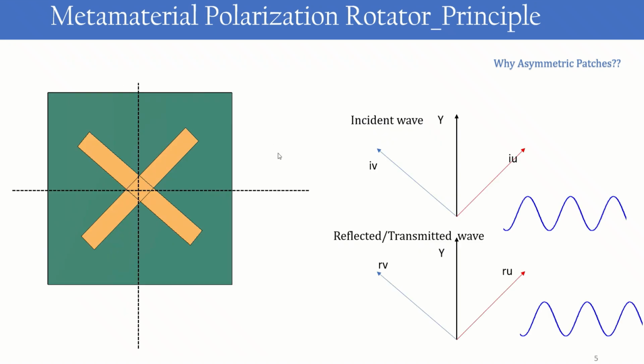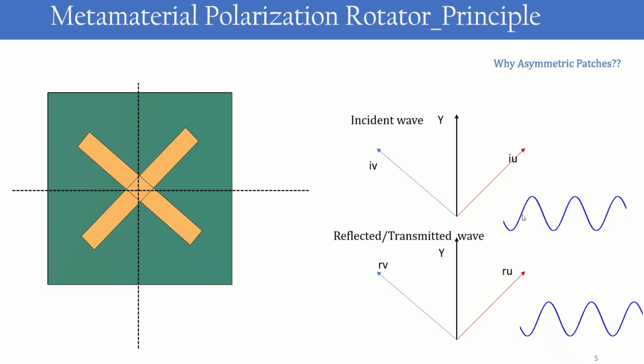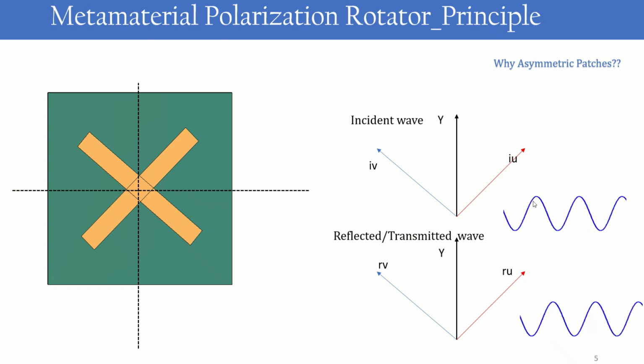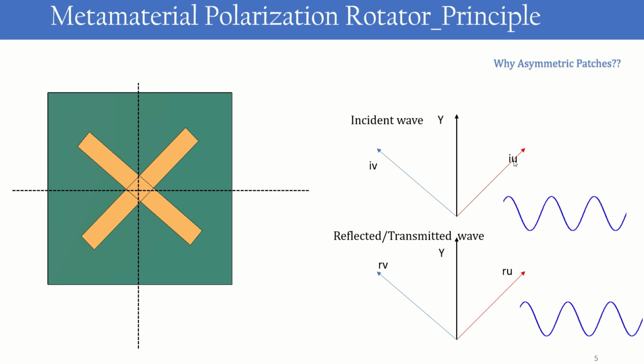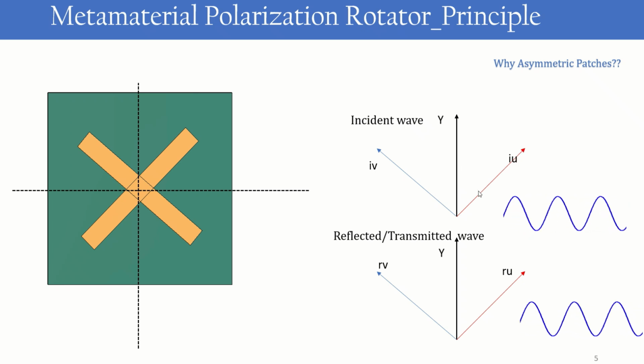Let's check how the asymmetry causes polarization rotation in metamaterials. First I am going to consider a symmetric metamaterial structure like this. You can see that this structure has a four-fold symmetry, and I am going to consider a bipolarized wave incident on it. This is the polarization of that wave, and I'm going to split this wave into two components, U and V components.